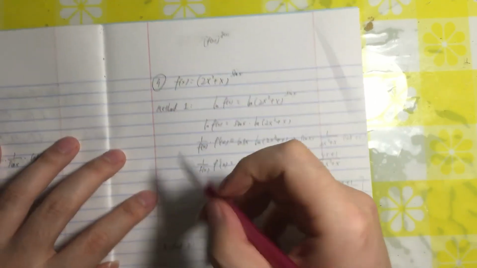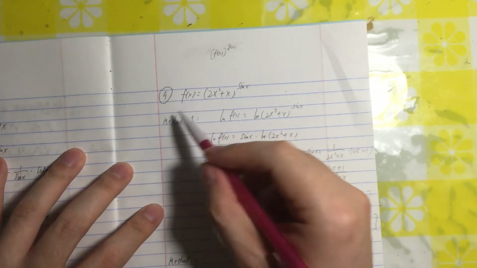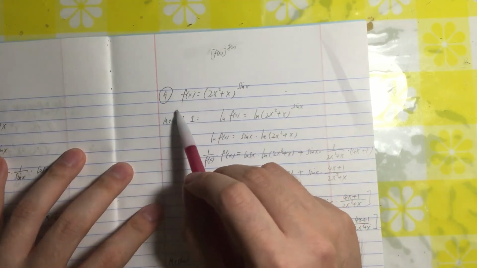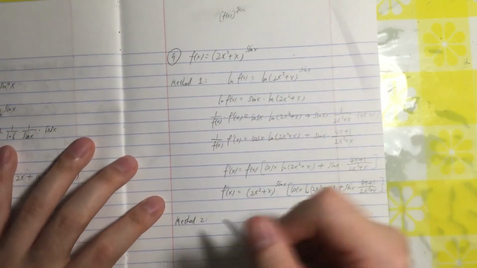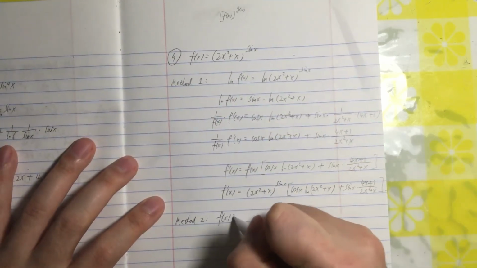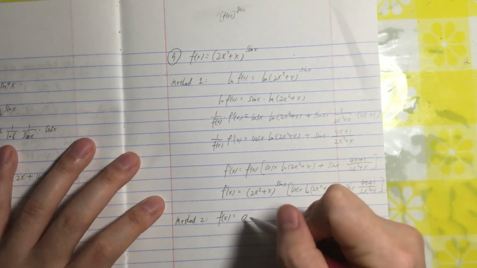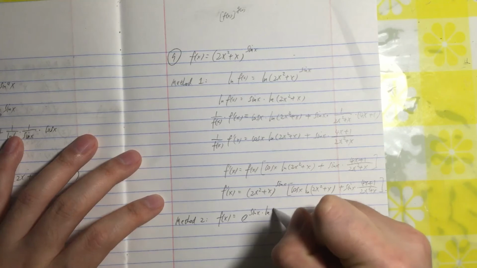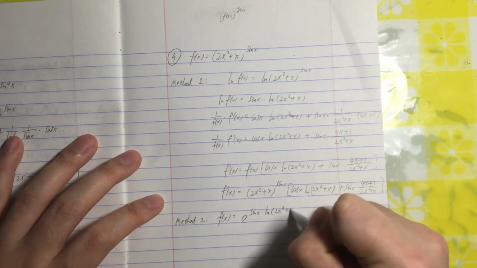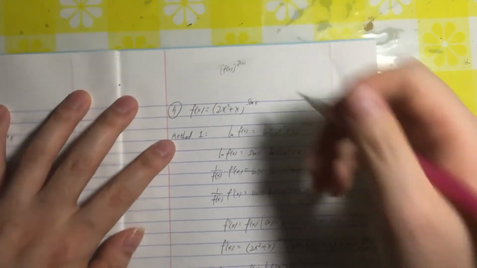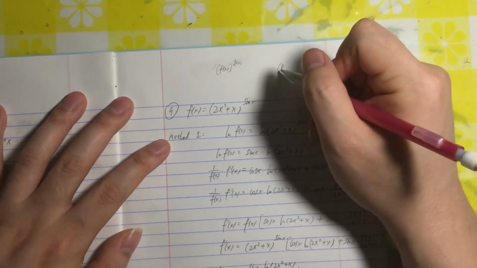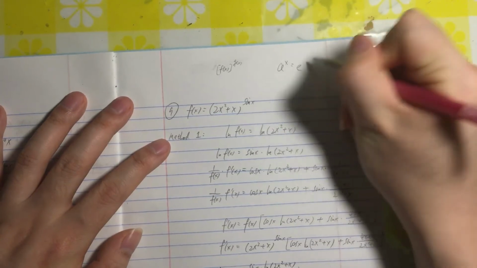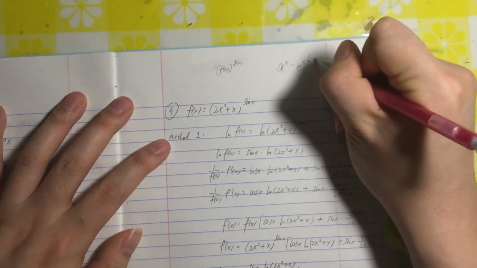we first of all rewrite function f using base e. We use the definition of the exponential function to rewrite function f with base e. So function f can be rewritten as e to the power of sine x times ln of 2x squared plus x. We know that by the definition of a general exponential function, a to the power of x can be written as e to the power of x times ln of a.